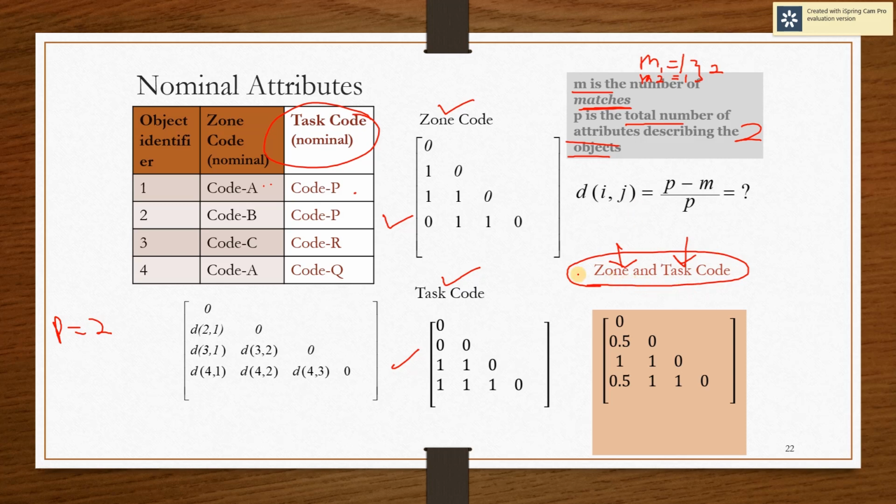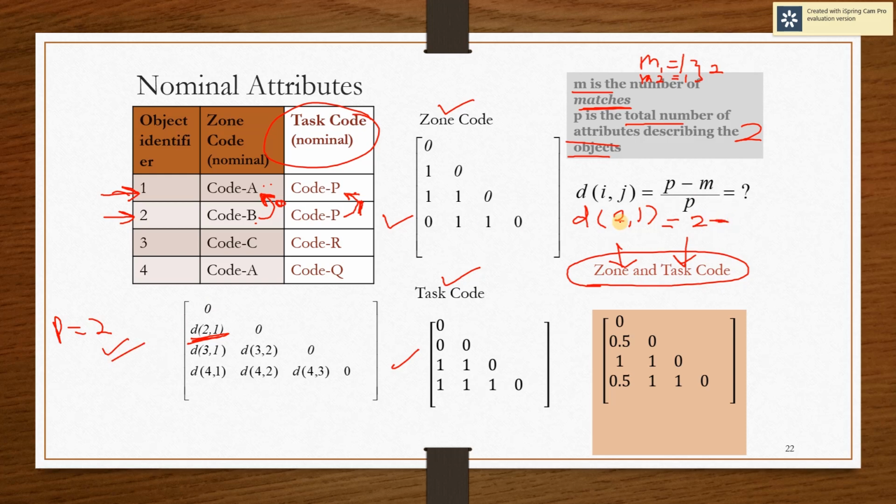Zone and task. Say here we have D2,1. We look at object 2 versus object 1. Here it could be an A. Is there any matching? No, M is 0. What about this one, could P and could P? Is there any matching? Yes, so M here would be 1. What about D2,1? Our P is 2.